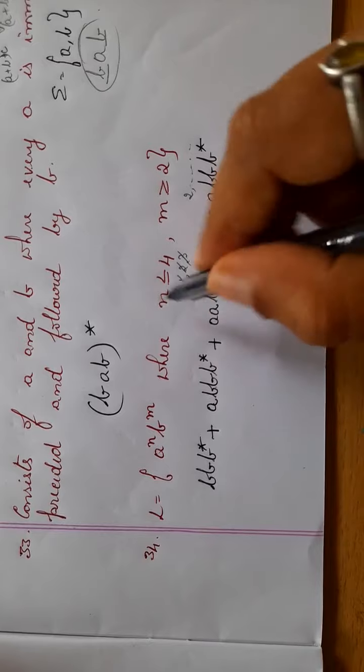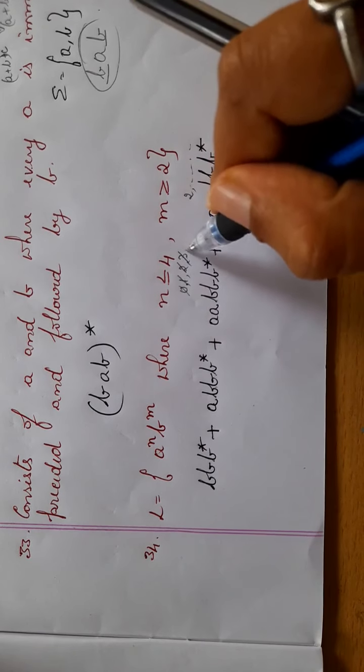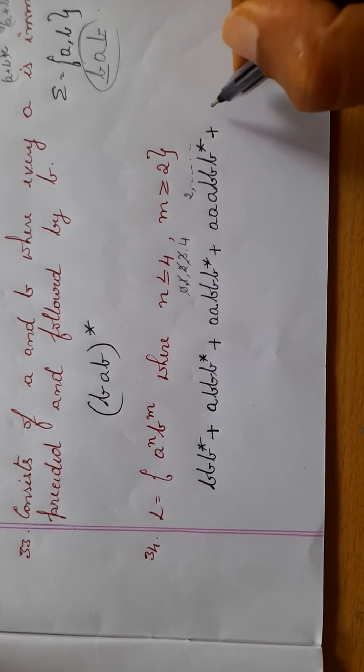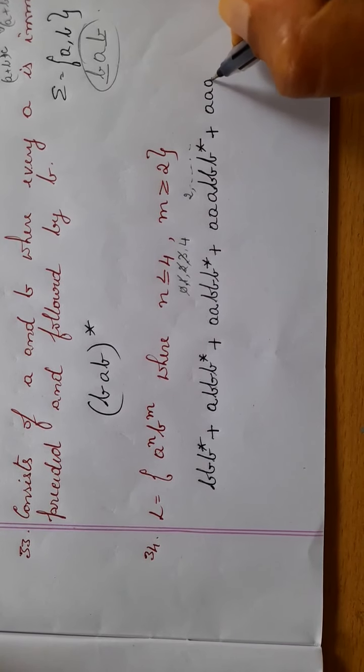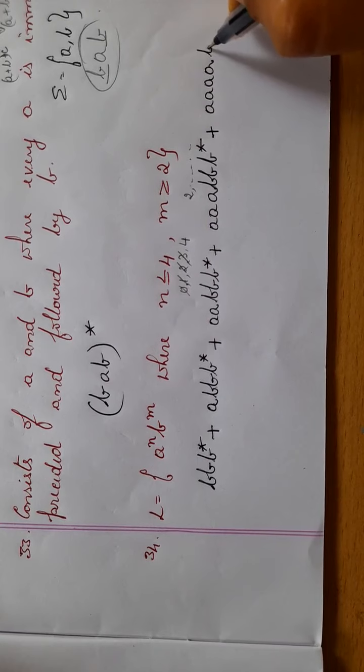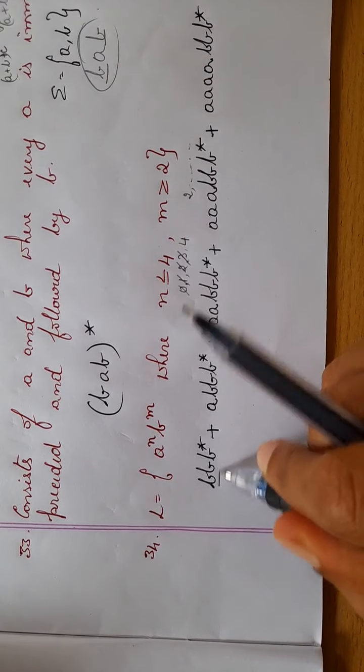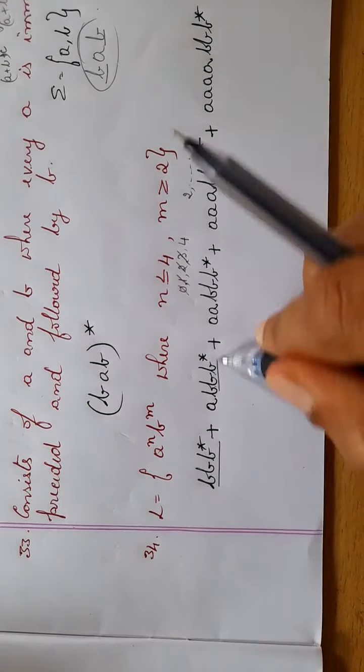So I am done with it. No, n is less than or equal to 4, so you have 4 also. So with respect to this, I have 4 A's, that is 1, 2, 3, 4 A's, and then minimum 2 B's and then any number of B's. So you can see that B star is in common here everywhere.